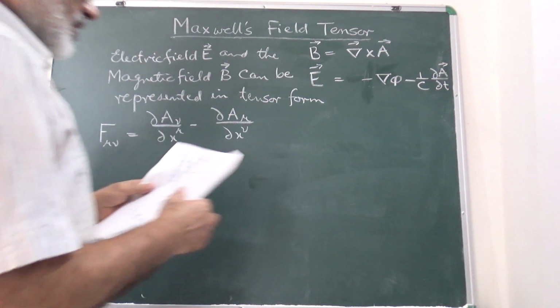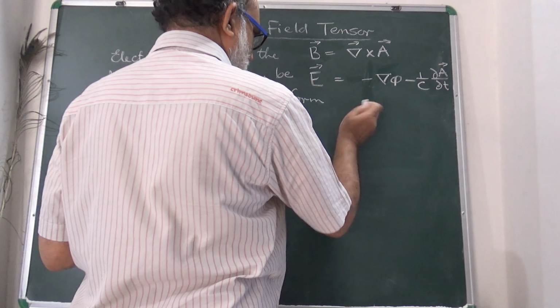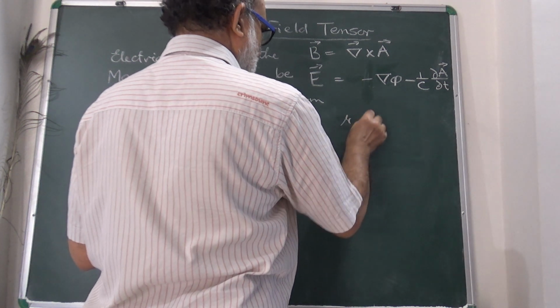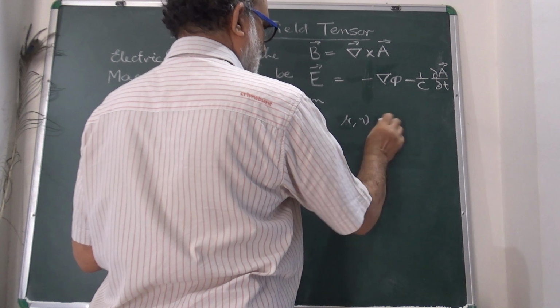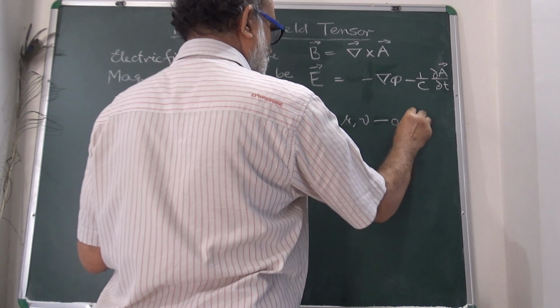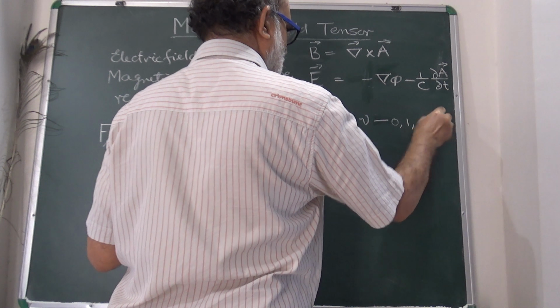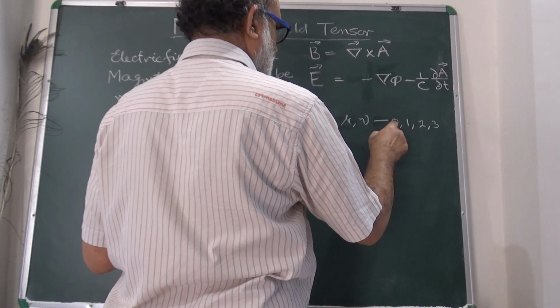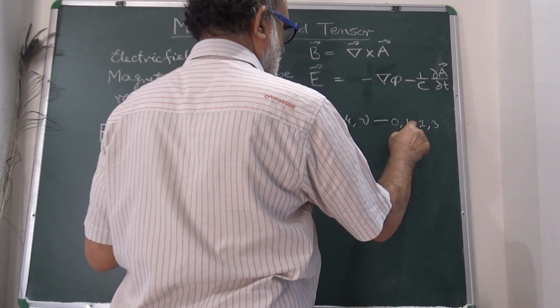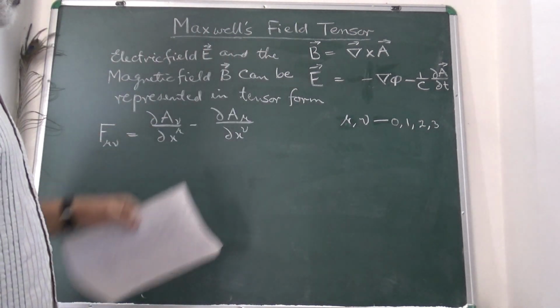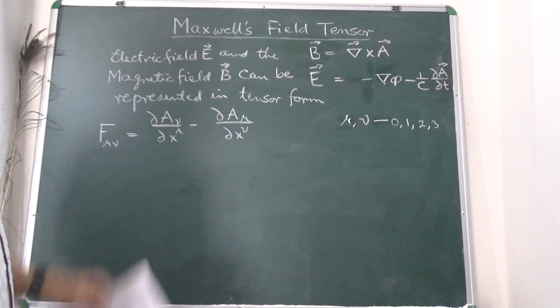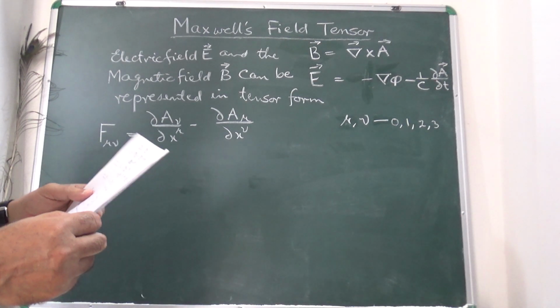Here mu and nu are indices whose values run from 0, 1, 2, 3. 0 corresponds to the time component, and 1, 2, 3 to the x, y, and z components. So in 4 dimensions we can write in terms of indices.